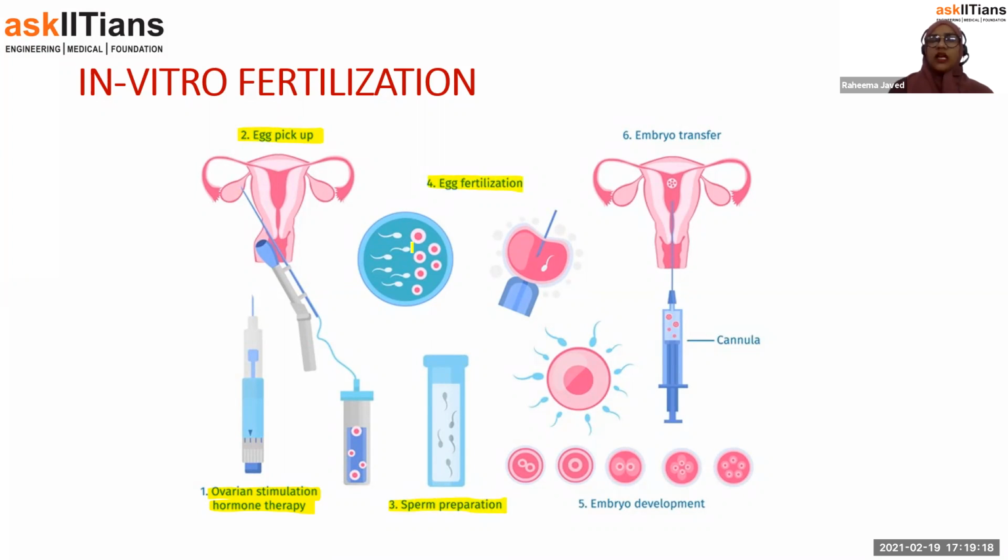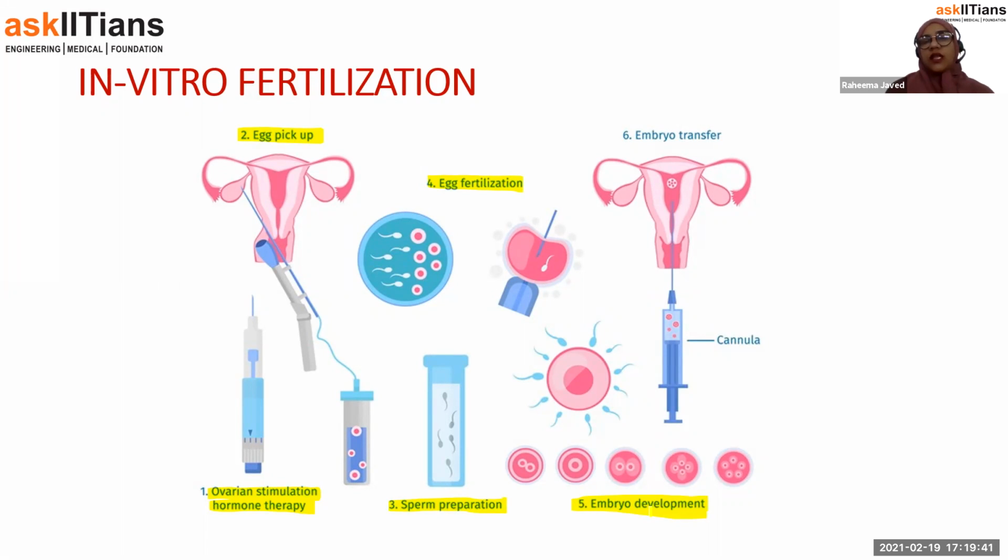Okay, after the fertilization is successful, the embryo is allowed to develop, and this all takes place in a petri dish, in the laboratory conditions. So embryo development also takes place inside the petri dish.